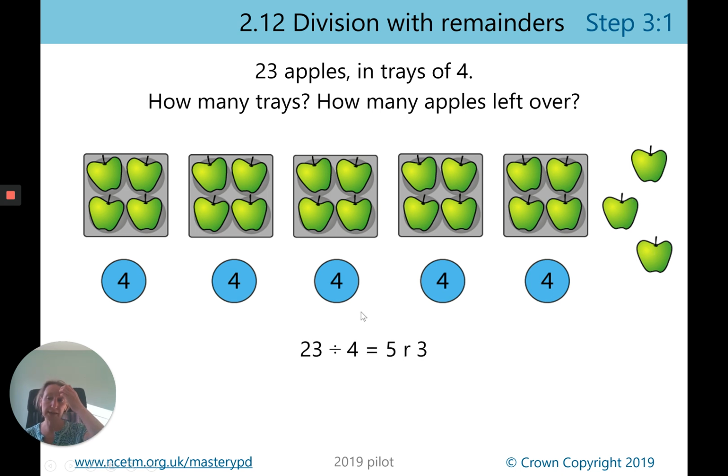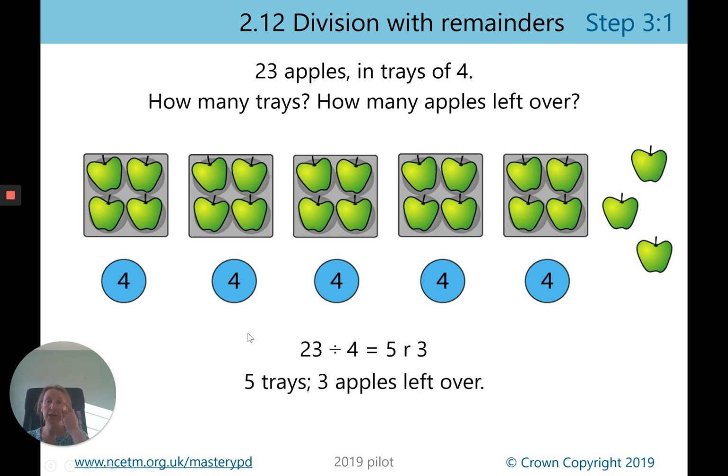And if you were writing that as a calculation, you would say to yourself, 23 divided by 4 equals 5 remainder 3. The 23 is representing the total number of apples, the 4 is representing the number of apples in each tray, the 5 represents the number of full trays that can be made, and the 3 represents the number of apples left over. So the grocer can fill 5 full trays and he will have 3 left over, okay?